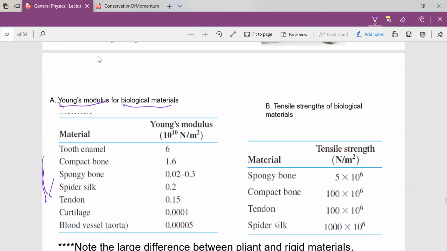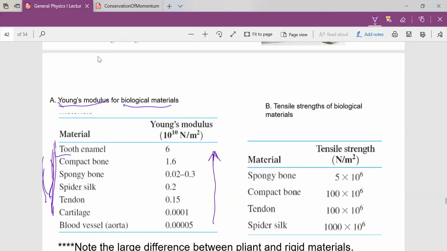The tooth is stronger, the enamel part of the tooth, okay? Because the inner part of the tooth also will respond differently to strain or stress. So we see the values also following the order of elasticity, stiffness of that material.